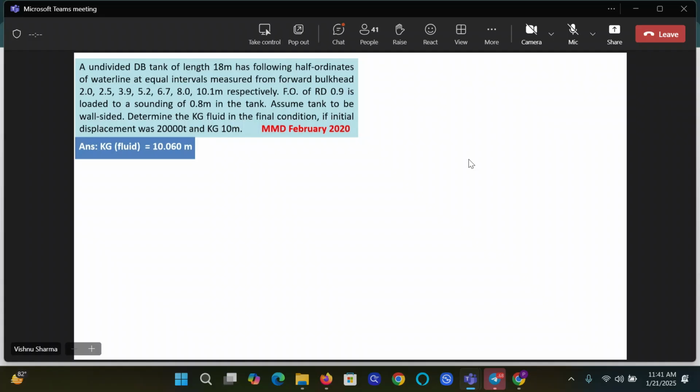The question does not say the tank is slack, but the question also doesn't say the tank height is 0.8 meters, or that the tank is full. Had the question said that the height of the tank is 0.6 meters, that means you may have fuel oil in the sounding pipe and air pipes. That's fine. If the information is conclusive that the tank is full or empty, then you will be guided by the conclusive information which you may have.